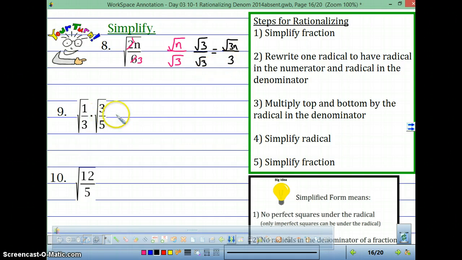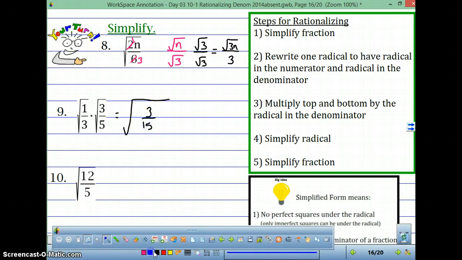Let's try this one. Start with a big radical. Let's multiply. We've got 3 on the top, 15 on the bottom. Can we reduce? Yes, they're both under the radical, so yes, we can reduce. This becomes 1, this becomes 5. Now we split the radicals.